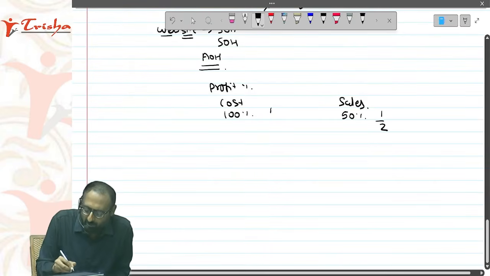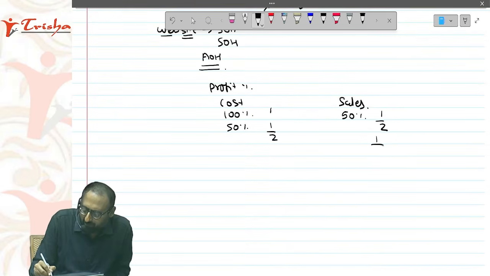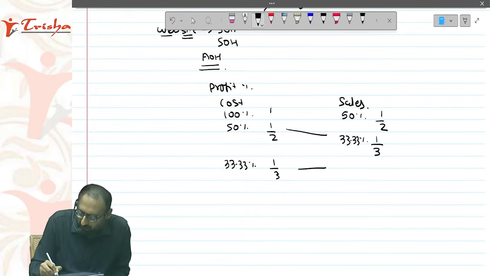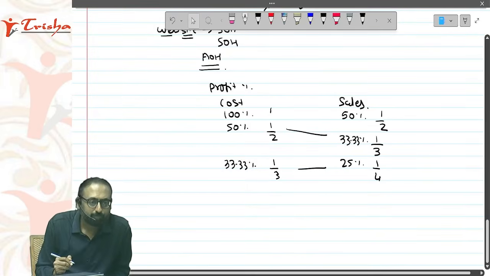Profit percentage 50% on cost, that is 1/2, will be equivalent to 1/3 of sales, 33.33%. If profit percentage is given 33.33% on cost, that is 1/3 on cost, it will be equivalent to 1/4 on sales, that is 25%. Perfect?